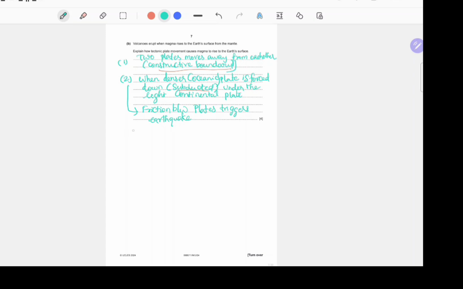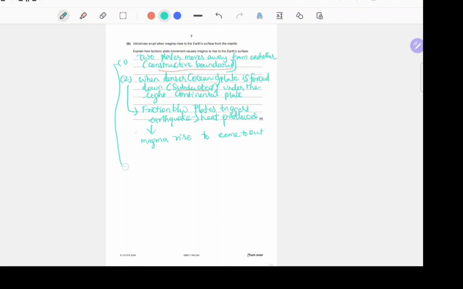I am writing only the result. Heat produced. Therefore, next step what will happen? Magma will rise to erupt, rise to come out. This is one method.